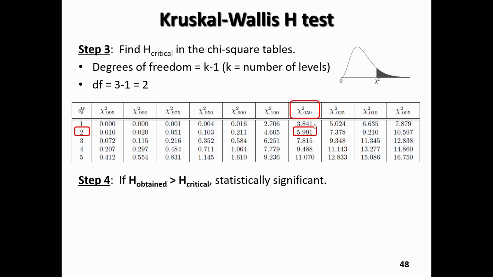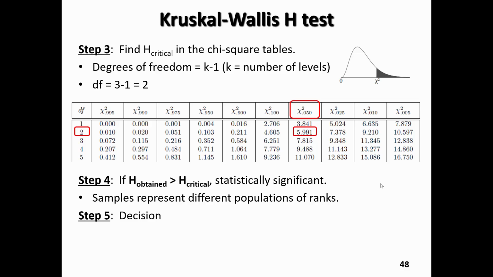So with these two numbers in hand, we then move on to step 4, and if the H statistic that was calculated from the data exceeds the critical value that's based upon study design, if that value is greater, then we determine it is statistically significant and conclude that the samples represent different populations of ranks, so that there's a clear distinction between those 3 groups.